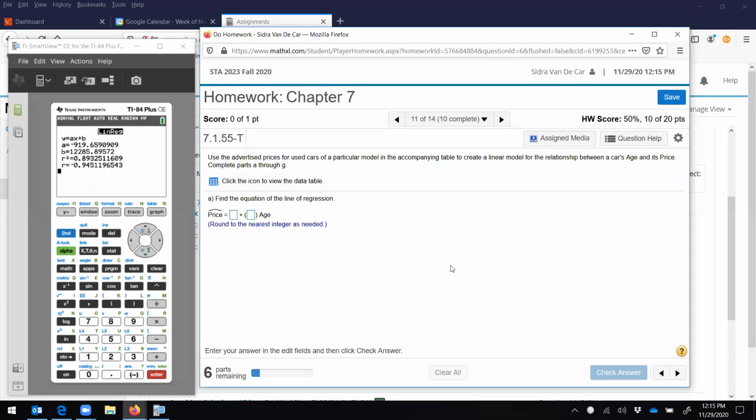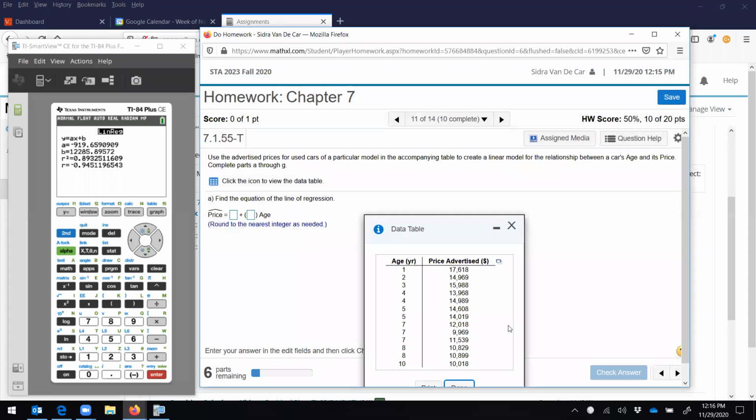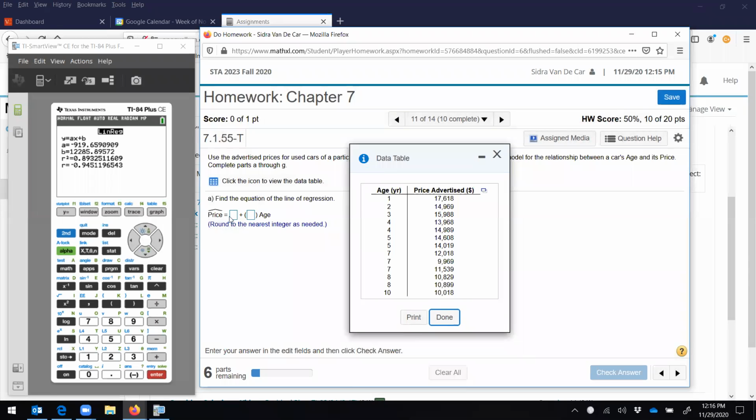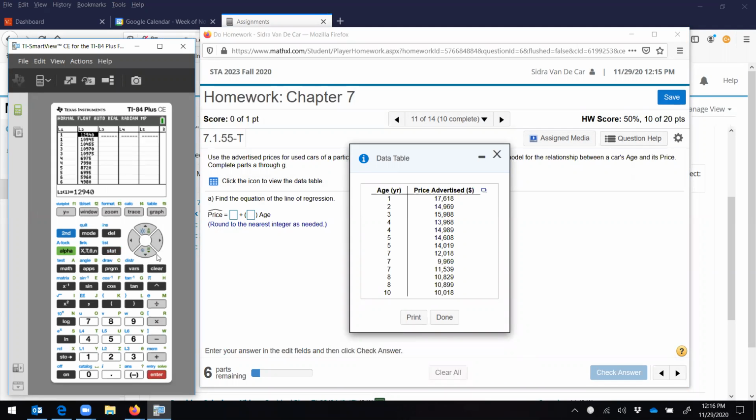All right. Use the advertised prices for cars of a particular model in the accompanying table to create a linear model. Is this, oh, darn, it's not the same. Okay, we've got to do it again. All right. And this time it's only 10 data points, so I better clear.